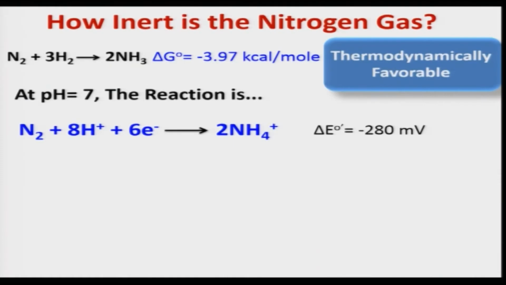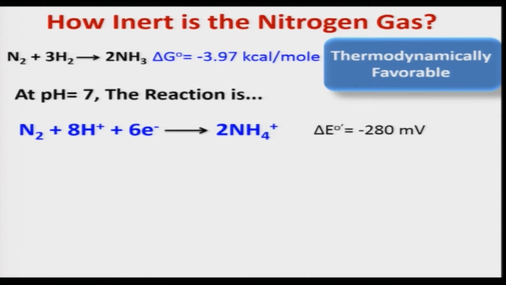So, the question is, how inert is this nitrogen gas? As we have just seen, nitrogen plus 3 molecules of hydrogen gives rise to 2 molecules of ammonia, which gives a large negative delta G value. So, it is thermodynamically favorable.